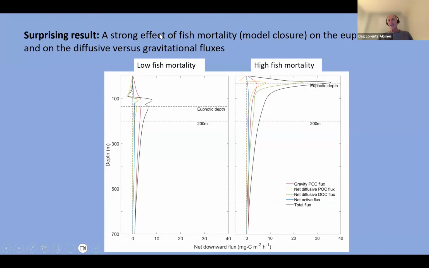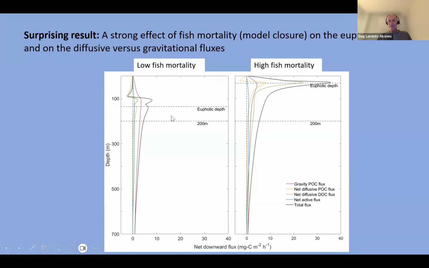And what we see here is that when we change the mortality of these fishes, which in the baseline is actually based on measurements of mortality, but those are quite uncertain, the euphotic depth changes a lot, and also the relative composition between the diffusive and the gravitational fluxes. The active flux doesn't change much.